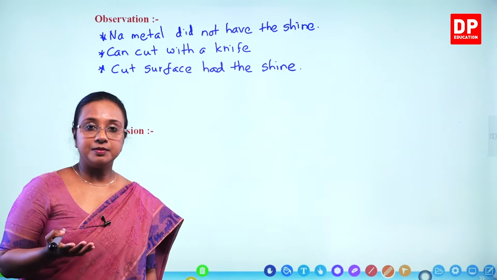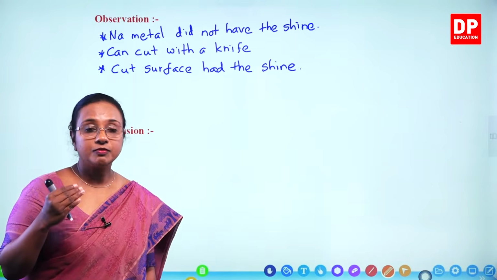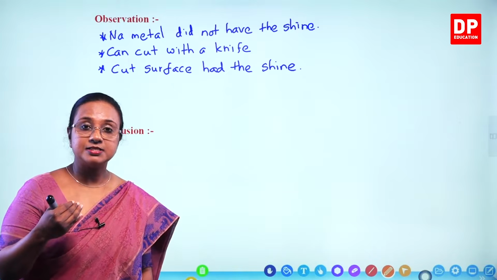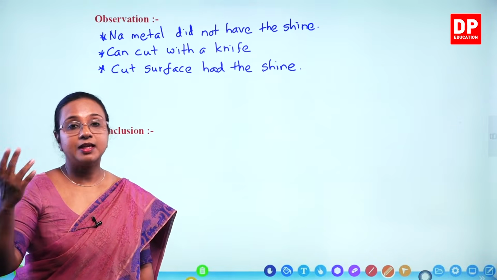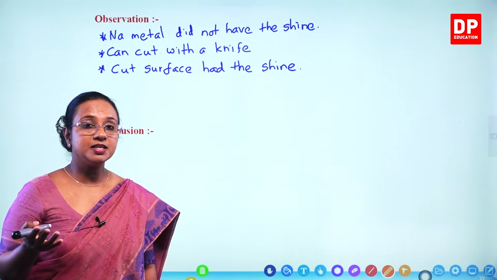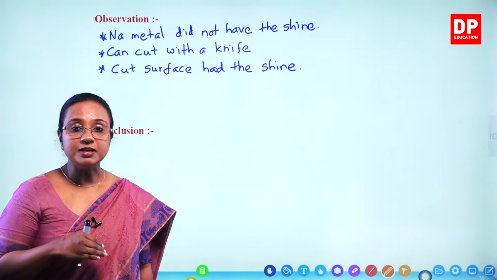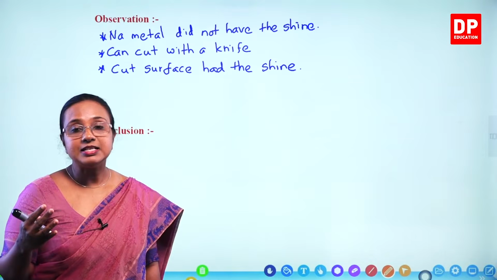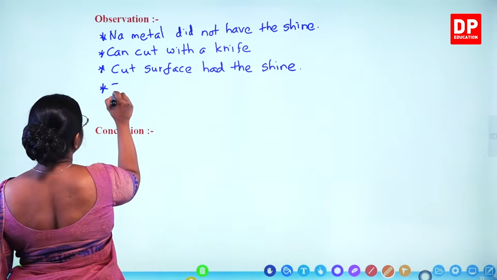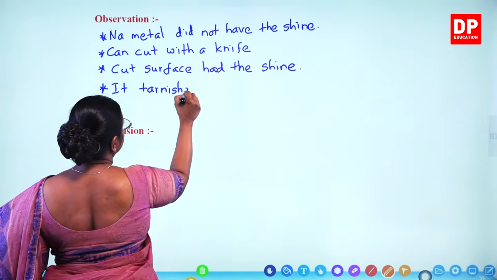What happened with time? You saw the observation. The shine got lost with time. The sodium metal tarnishes because it reacts with air, that is the oxygen in air. Is it a slow process? No. It's a very fast process. So, sodium reacts quickly and the shine is lost. So, here we can say it tarnishes quickly.